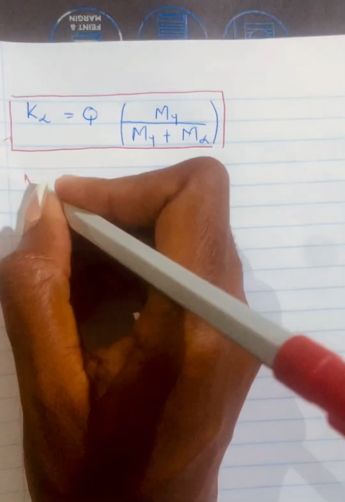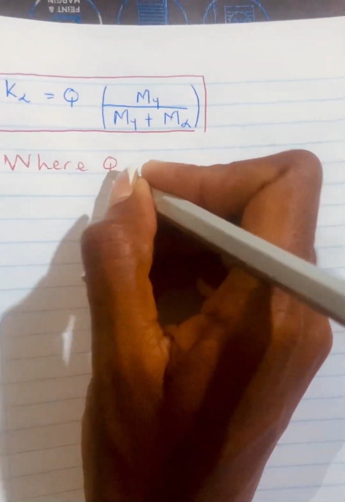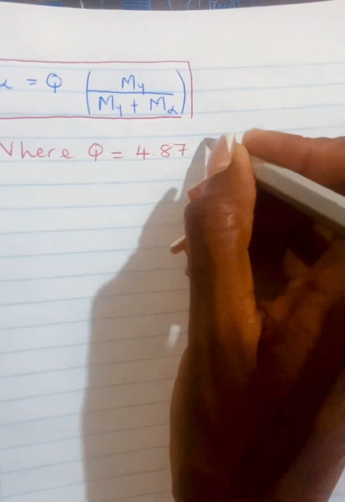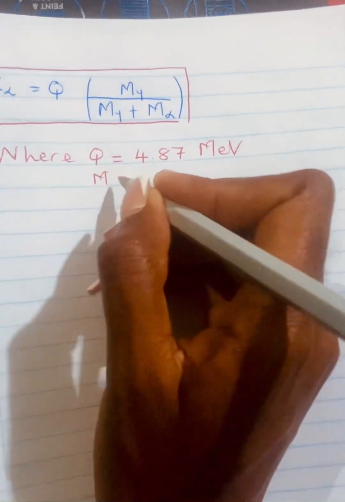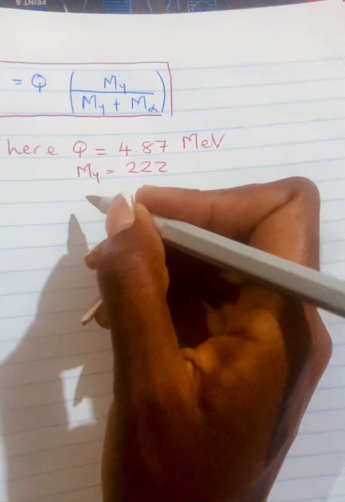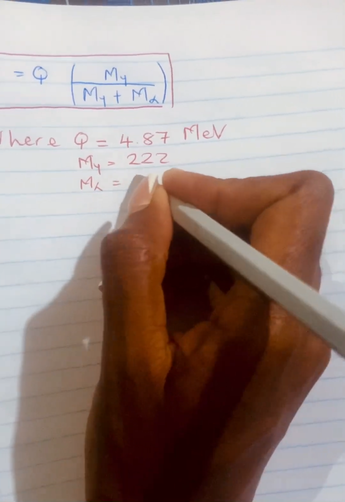So where Q is 4.87, the Q value, mega electron volts, m_Y is 222 from our equation, m_alpha is 4.